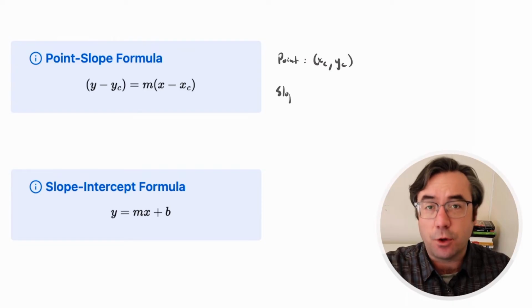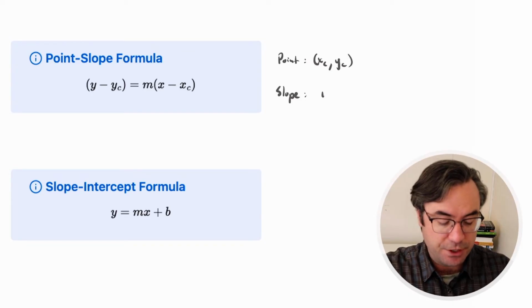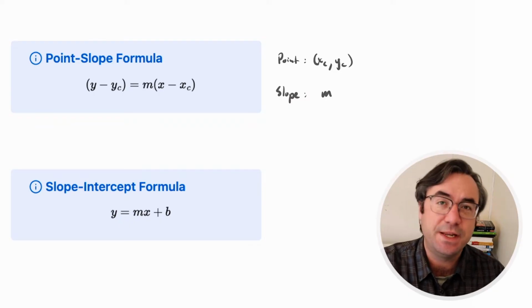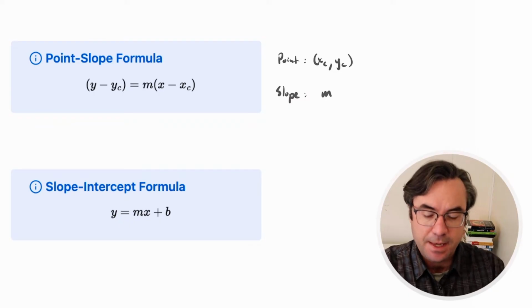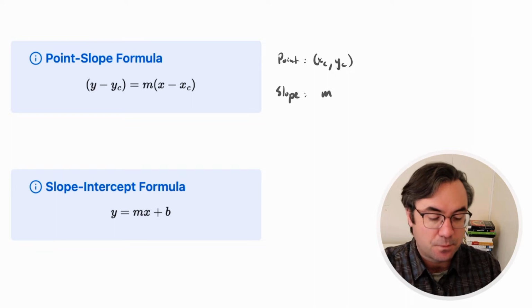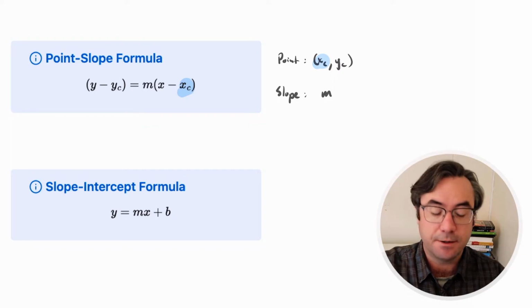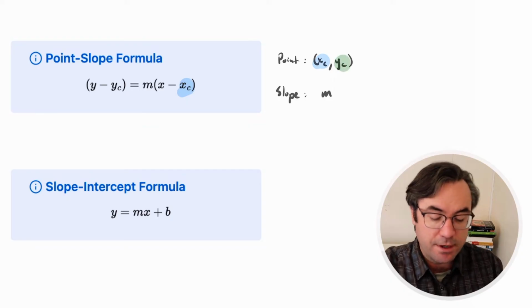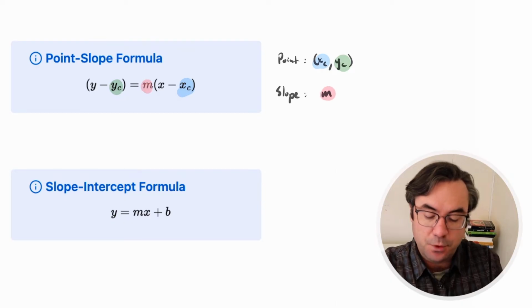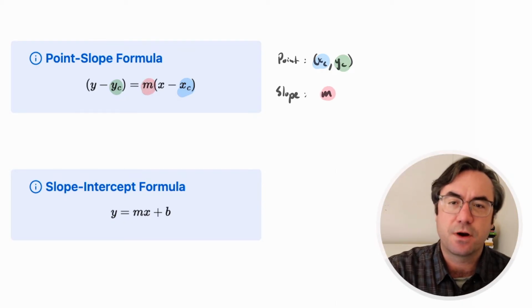And we need to know the slope, which we usually call m. When we plug these in, we've got our x-coordinate there, our y-coordinate there, and our slope goes in front of all the x's.